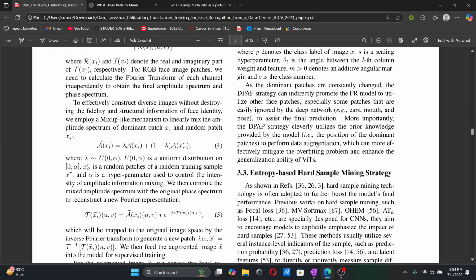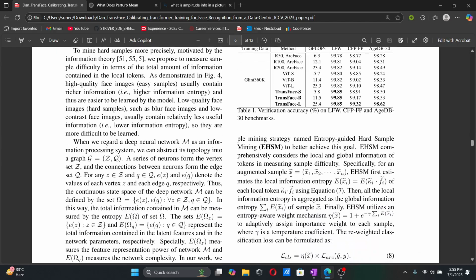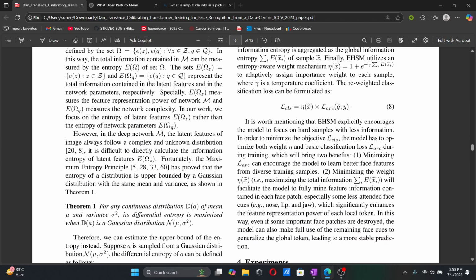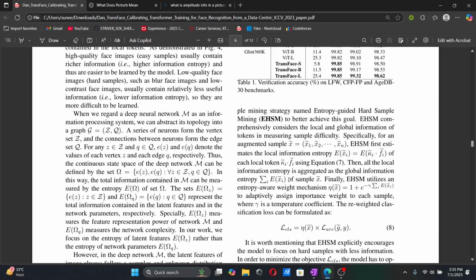That's what you're trying to say. So there is a function, and you use it to weigh the loss. Okay.